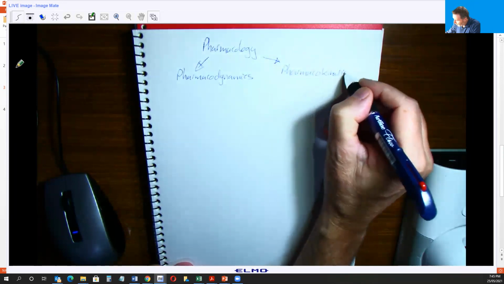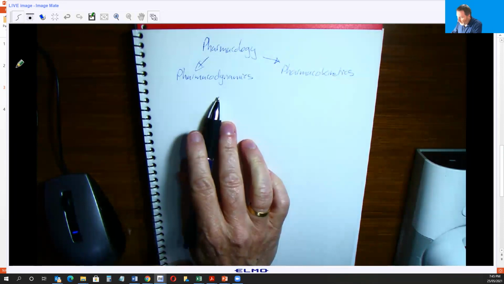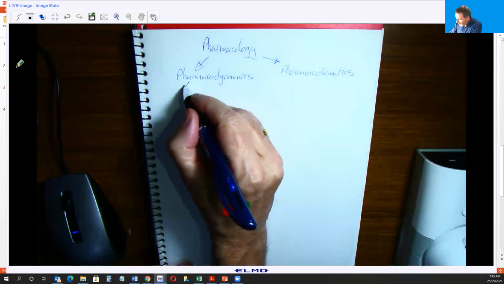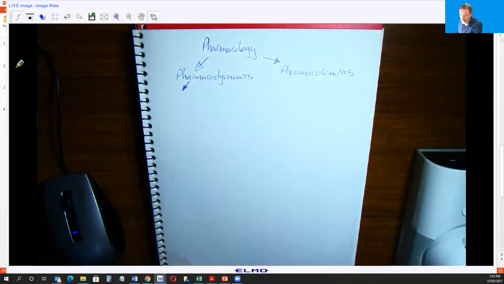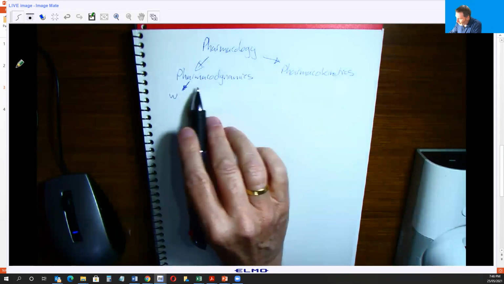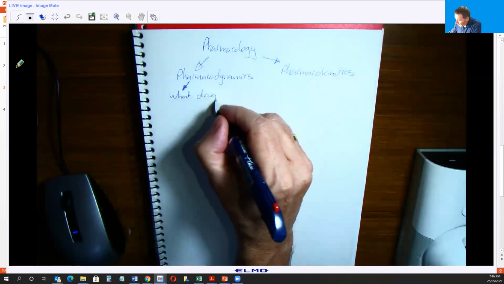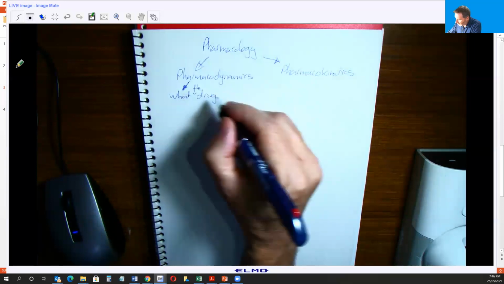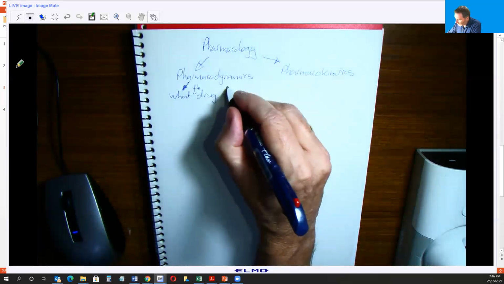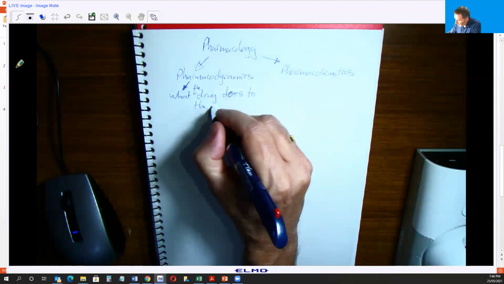Pharmacokinetics. All right. Now, this branch here, pharmacodynamics, that actually begins to talk about, for example, what the drug does to the body. So pharmacodynamics is all about what the drug does to the body.